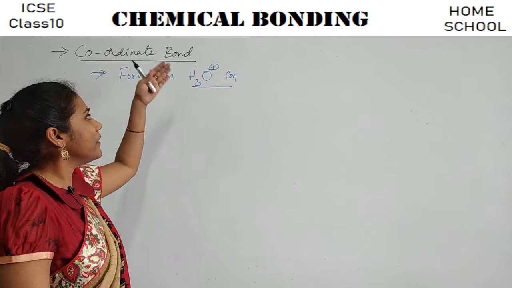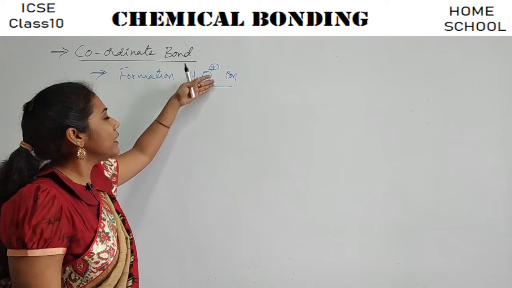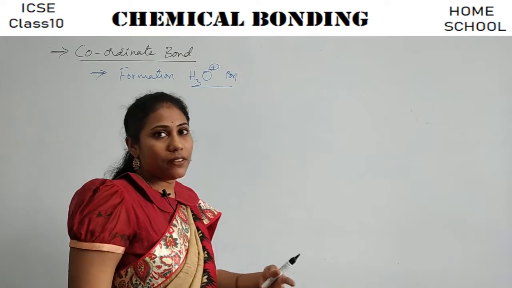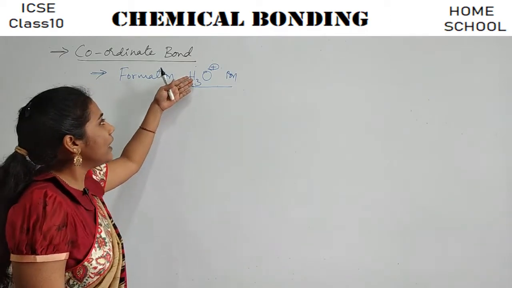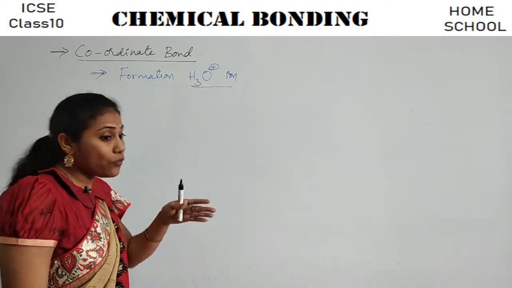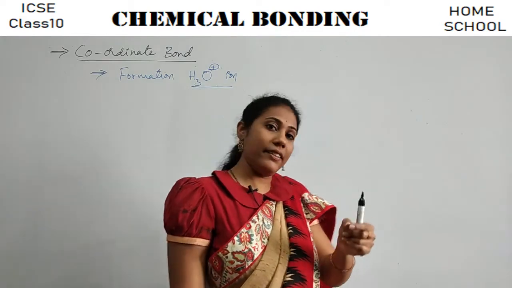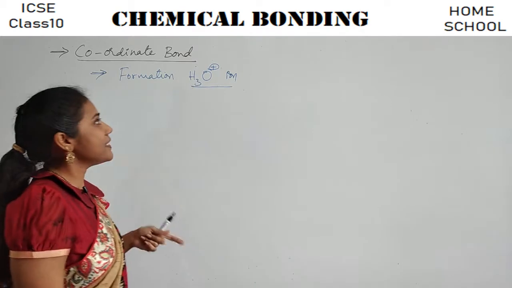You keep observing this particular ion formation during chemical reactions, and this particular ion formation involves the coordinate bond formation. That's the reason we selected this as an example.